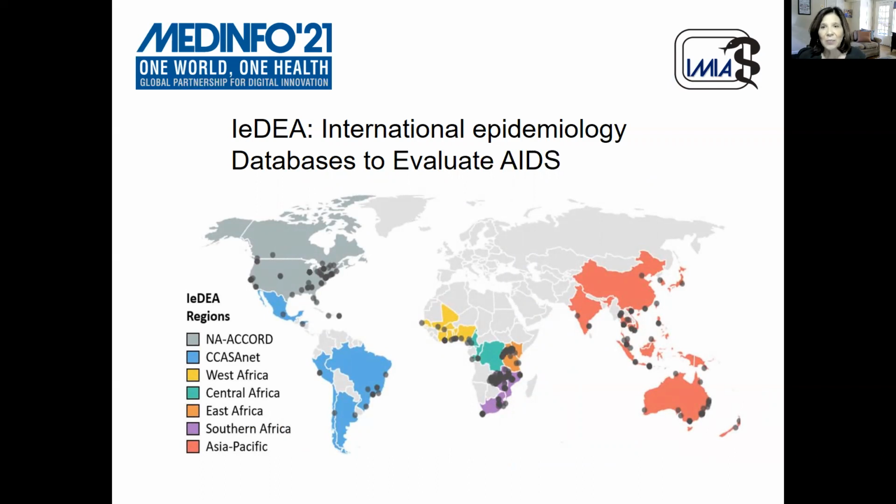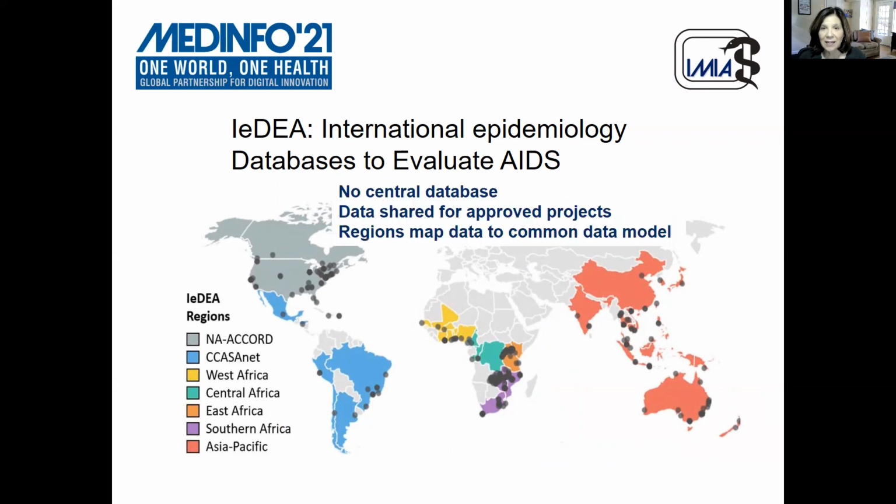IDEA was designed to be a federated network, meaning that regional data managers collect and map data to the IDEA Common Data Model, and then share data sets only when requested for approved research concept projects. So there's no central database in IDEA, and only the subsets of data that are requested are shared for approved projects.